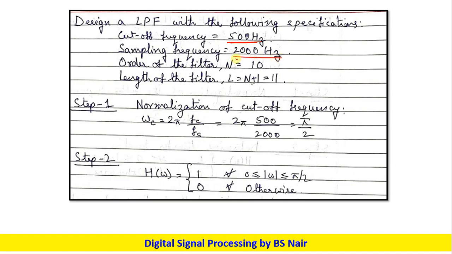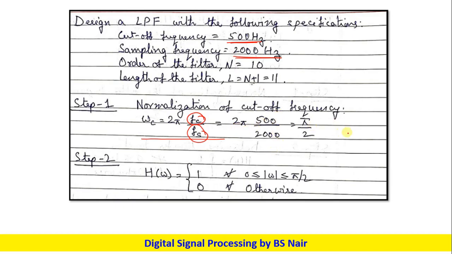So how do you convert these frequencies into radians? We call it the normalization process. The normalization process is omega c equals 2 pi fc by fs, where fs is your sampling frequency. So 2 pi times 500 by 2000 equals pi by 2.